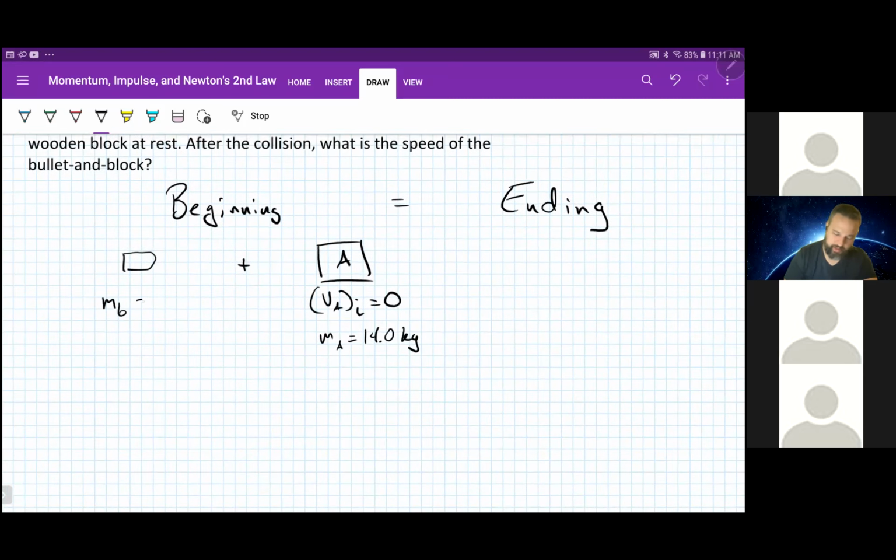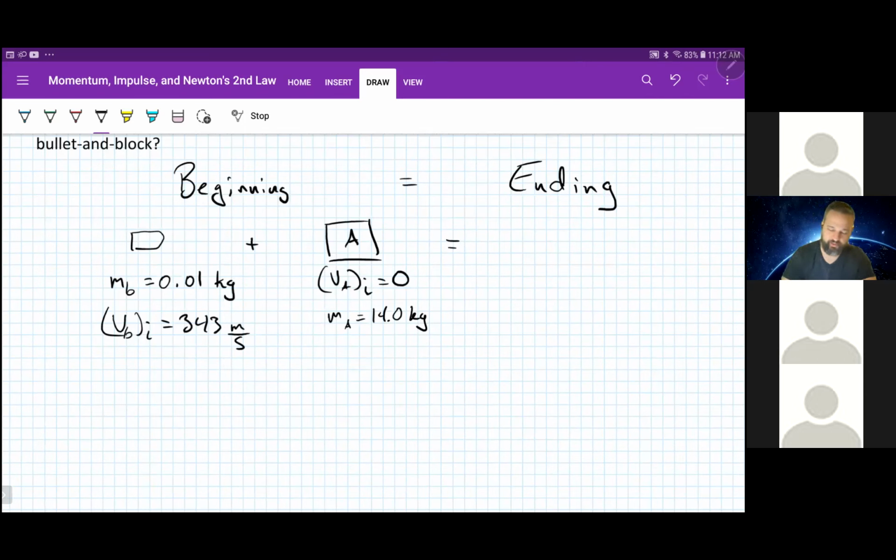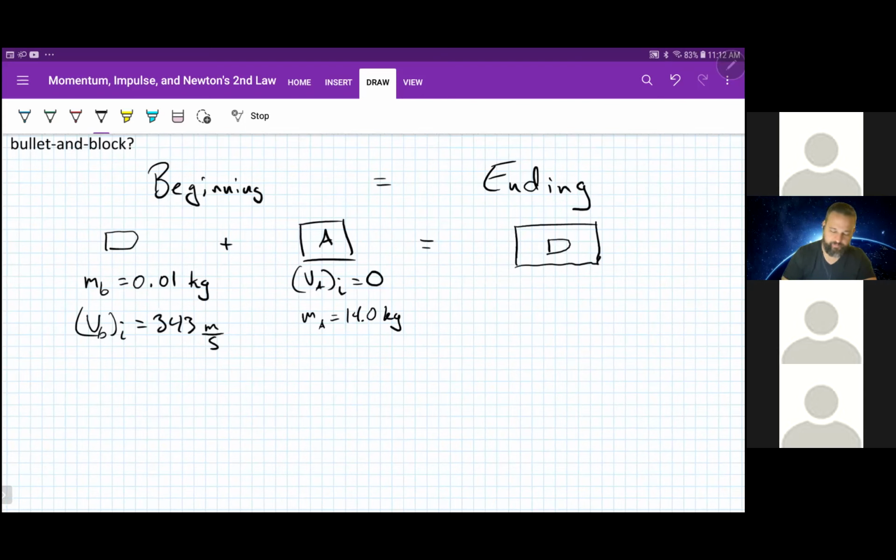And then at the end, it asks what is the speed of the bullet and block after the collision. It's written with a hyphen to say that they're connected now, so the bullet is embedded inside the block. So we have the masses added together, MB plus MA, and it's asking for the final velocity.